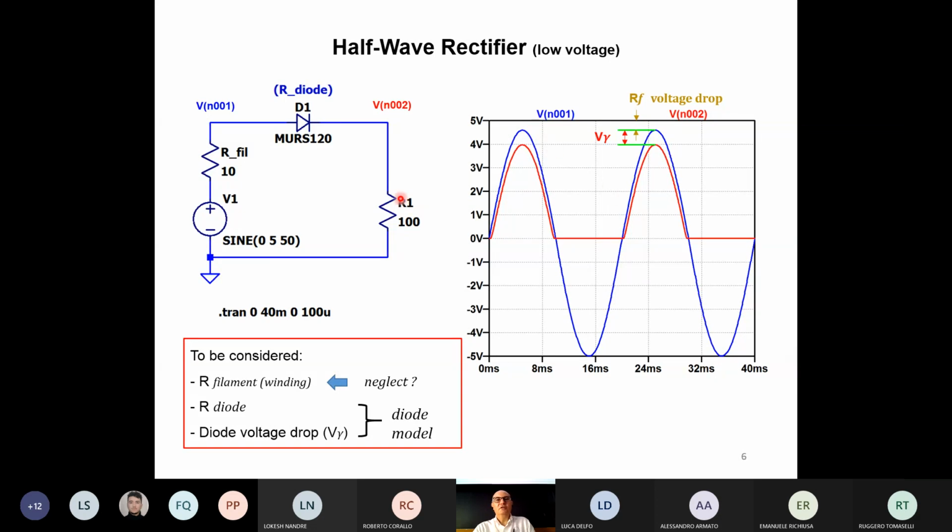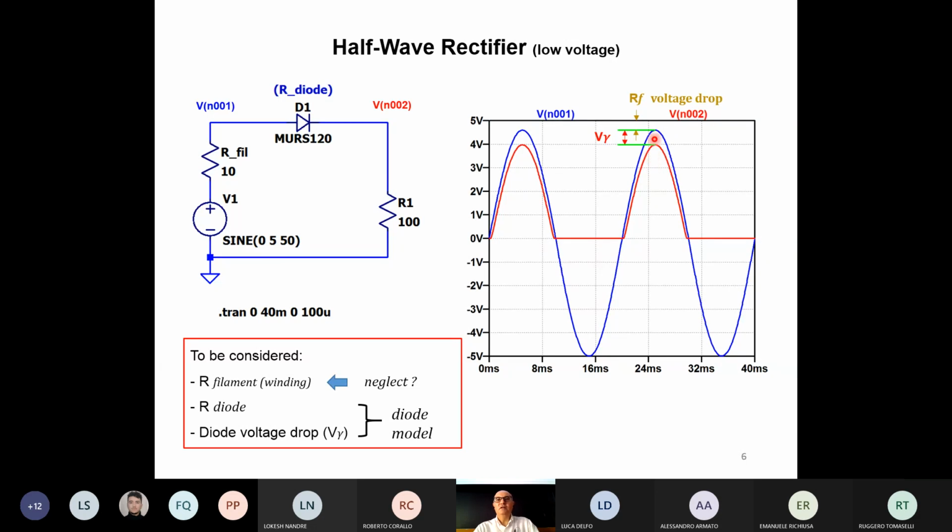What about the voltage across the resistance R1? Well, the voltage across the resistance R1 will be even lower, because there is also to add the drop across the diode. Okay? So this means that we started with a 5-volt peak voltage, and now we get a peak voltage, for instance, of 4 volts.